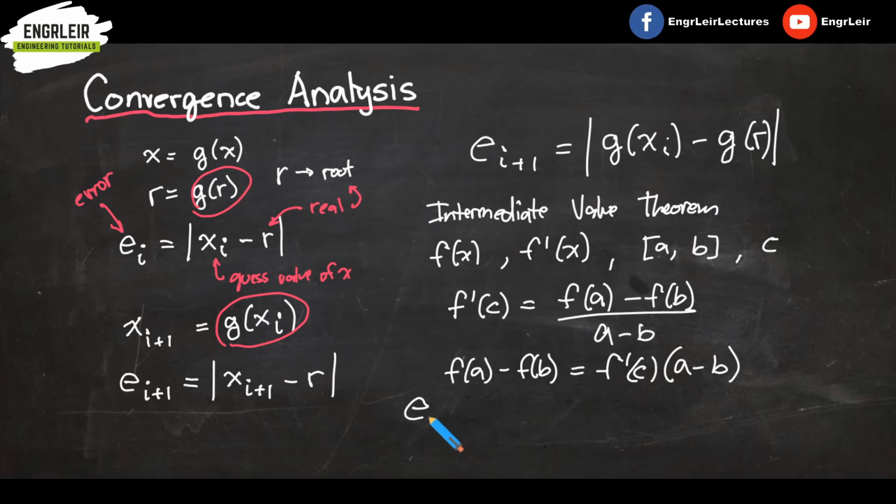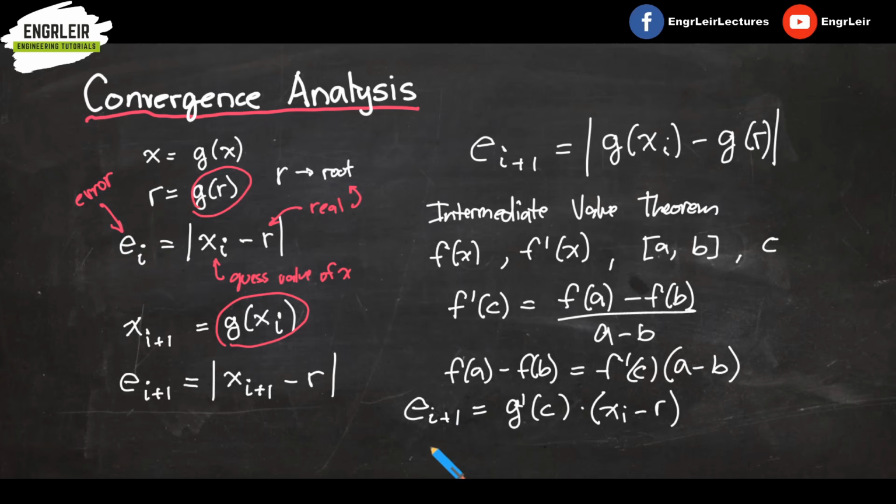So, we have the error at i plus 1 is equal to the derivative of g at some point c times a minus b, which is yung x sub i minus r. At yung x sub i minus r na yan, di ba? Yan yung error nung previous iteration.